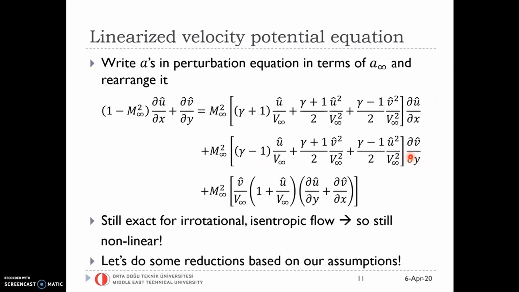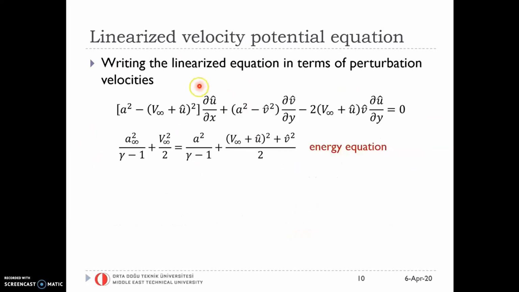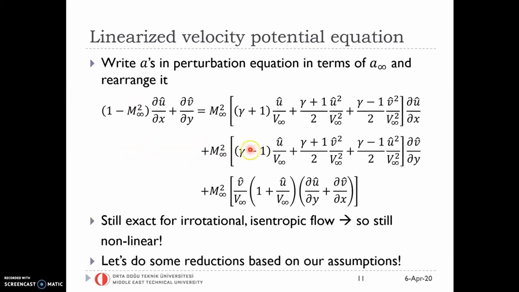Okay, now let's write the speed of sound in the first equation in terms of the speed of sound at free stream conditions. Let's replace this a squared with these three terms here, and then reorganize the final equation to end up with this, as you can see here.